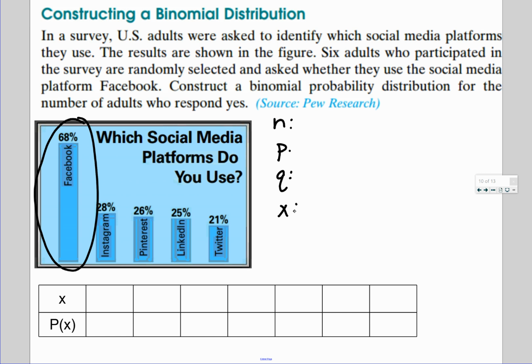How many people are surveyed? 6. That's all right. That's a trial. Every time they survey somebody, 1 trial. What is the probability that one person, each independent trial, will use Facebook? What is the probability that that person will not use Facebook?